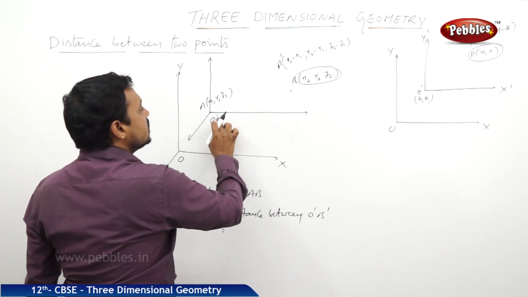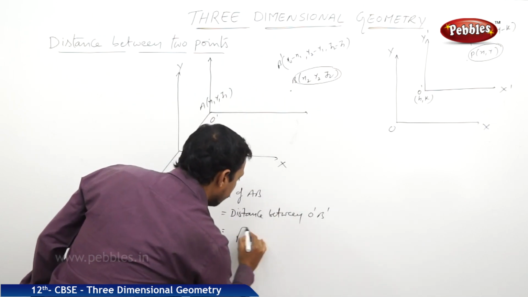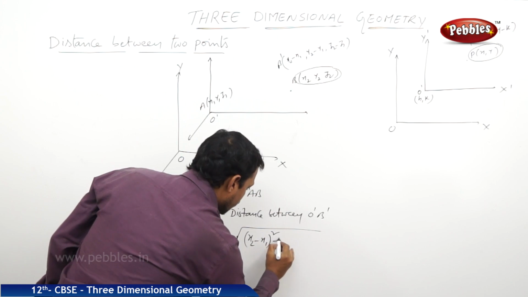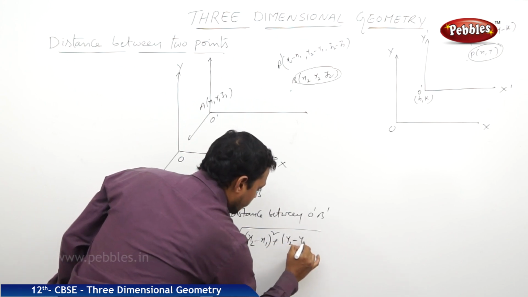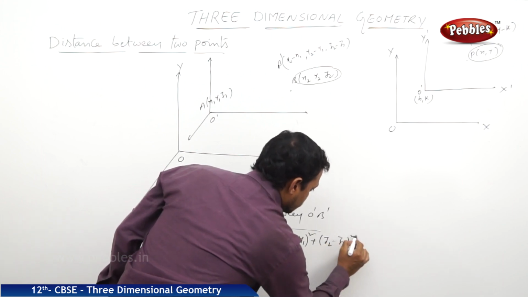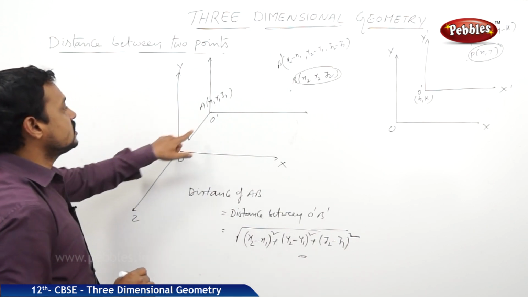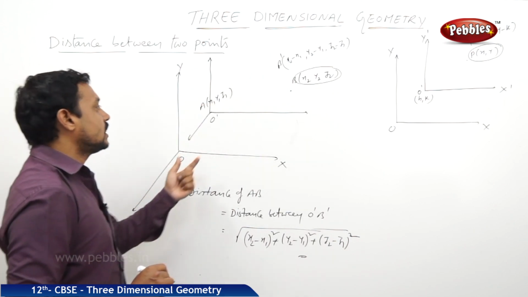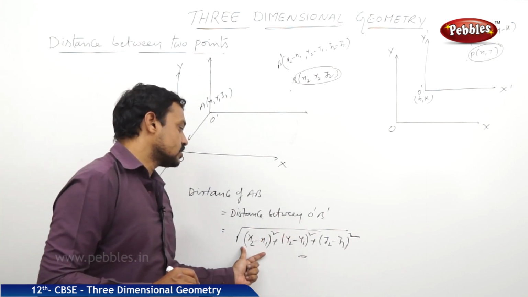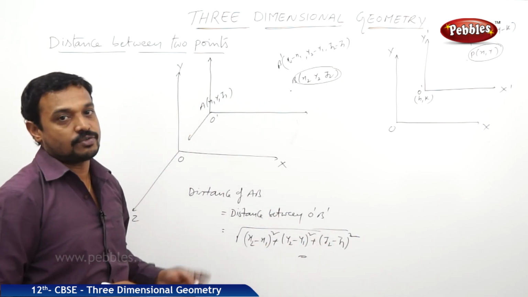The distance from O dash to B is equal to the square root of x2 minus x1 whole square plus y2 minus y1 whole square plus z2 minus z1 whole square. Therefore, the distance between the 2 points in three-dimensional geometry is given by root of x2 minus x1 whole square plus y2 minus y1 whole square plus z2 minus z1 whole square.